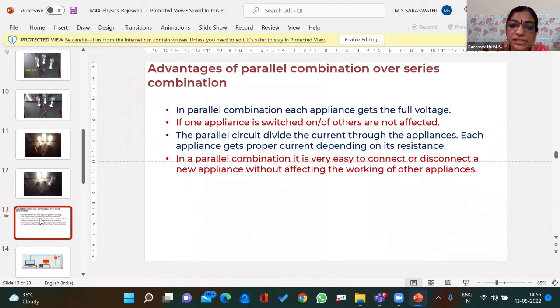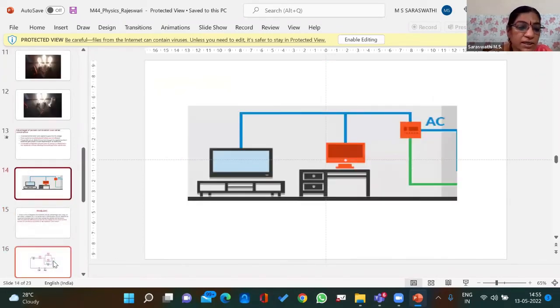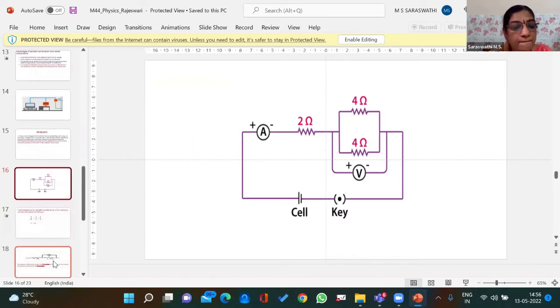In parallel, each appliance gets the full voltage. If one appliance is switched on or off, others are not affected. Parallel circuits divide the current through the appliances. Each appliance gets proper current depending on its resistance. In a parallel combination, it is very easy to connect or disconnect a new appliance without affecting the working of the other appliances. That is why in domestic circuits, all the connections are made parallel to each other.